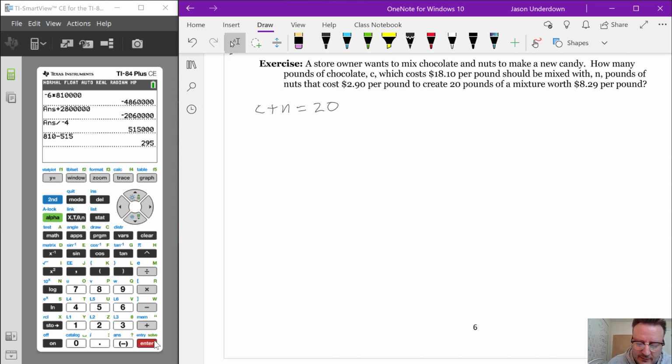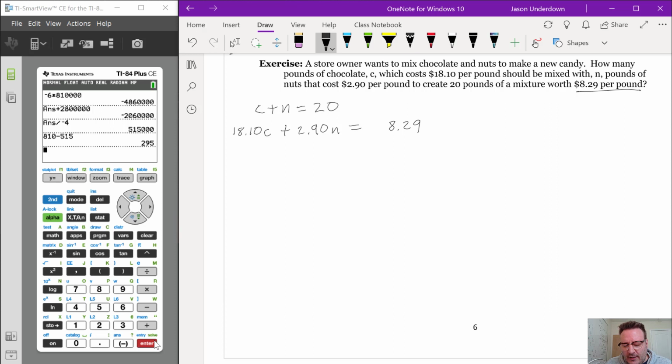Okay, so let's see here. Let's do 18.10 times C plus 2.9 times N, and this should equal 8.29, right? Okay, now you might be tempted to, this is actually wrong. And the reason it's wrong is because this 8.29 is per pound.